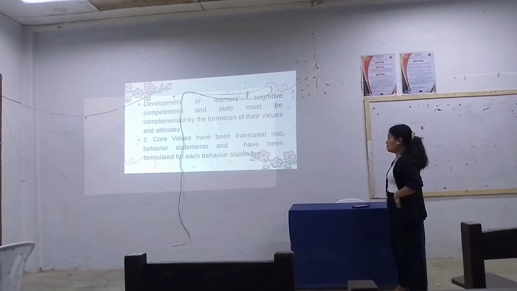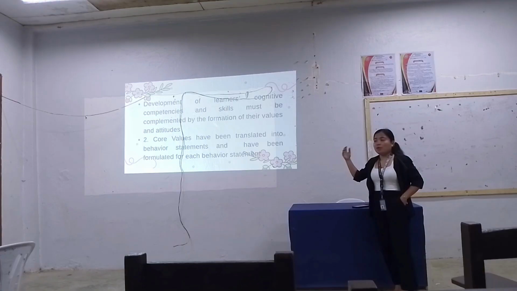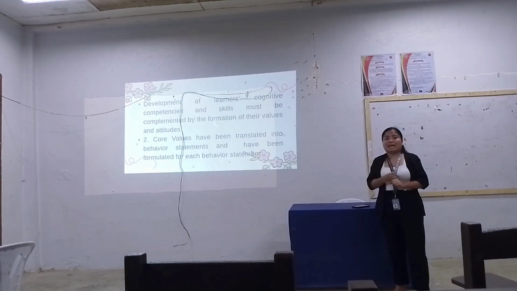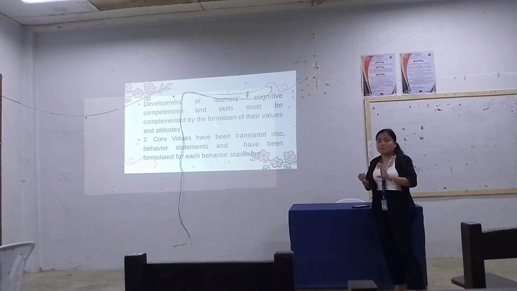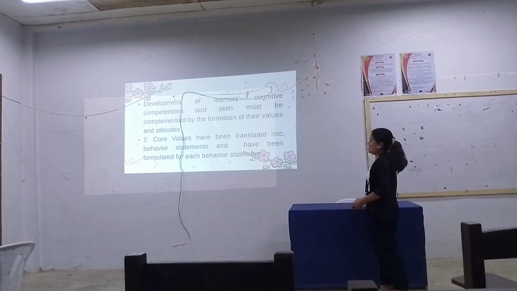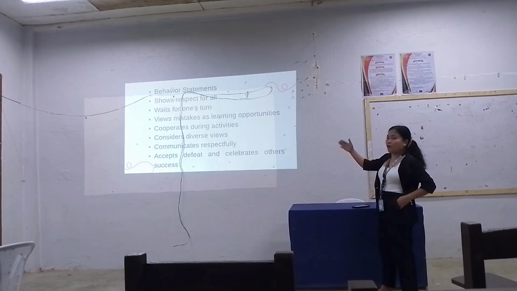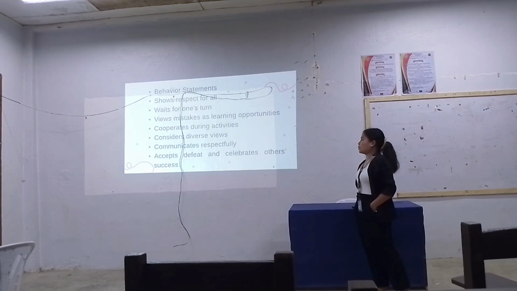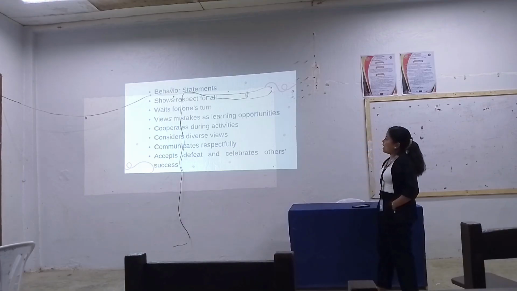So when we say behavior statement, it means, for example, not bullying a classmate, showing respect to others or to their classmates. Number 3 is Alison. The behavior statements are: show respect for all, wait for one's turn, and use mistakes as learning opportunities.